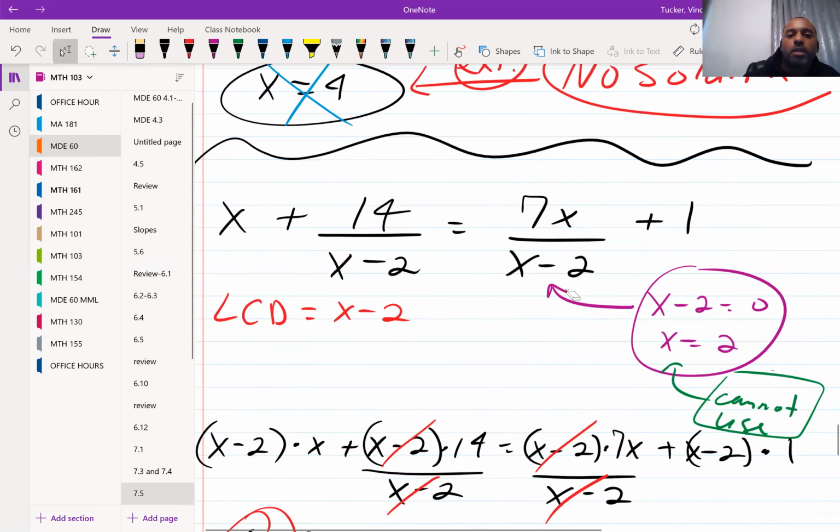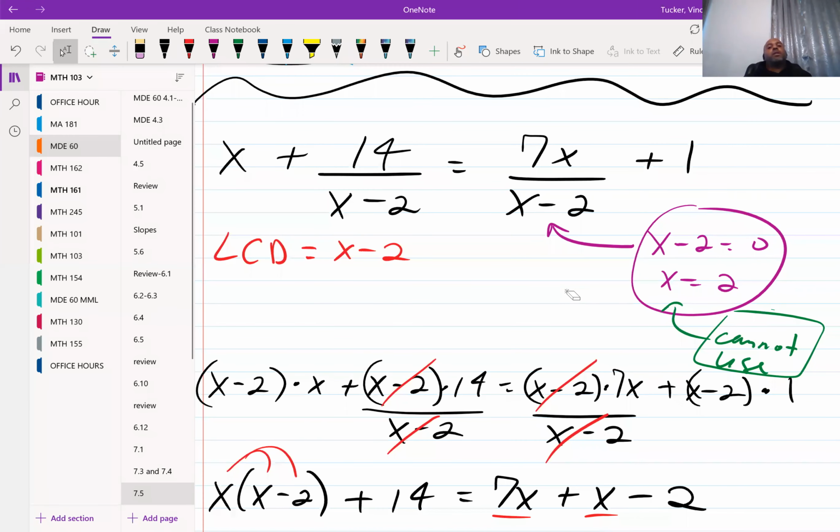All right. So here we have x plus 14 over x minus 2 equal to 7x over x minus 2 plus 1. Our only denominator is x minus 2, so that's going to be our LCD.